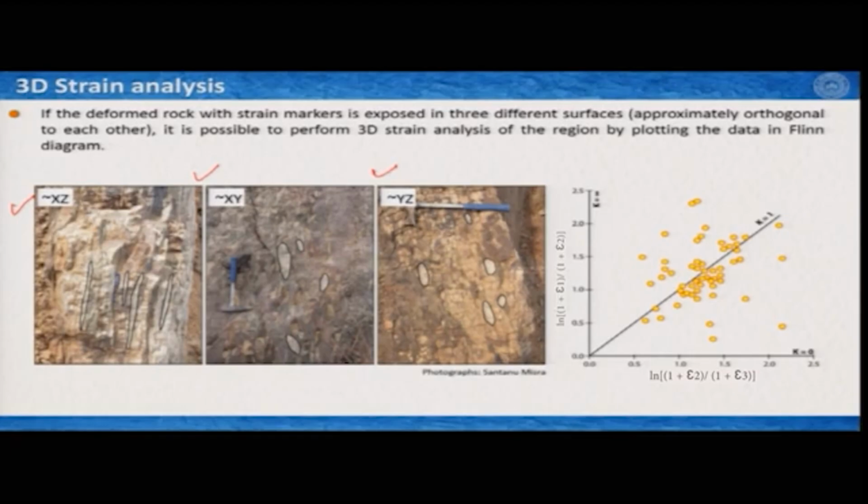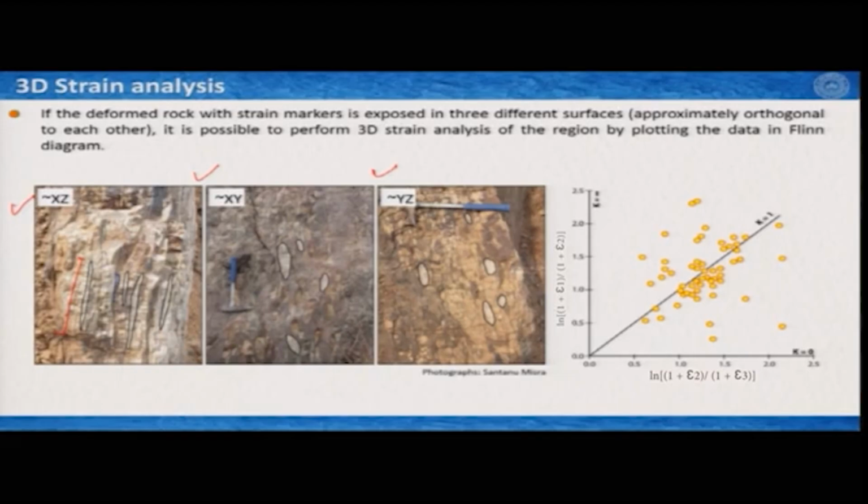As you can see here, maybe not very clear from these images, I highlighted some of these stretched or deformed conglomerates on each plane. In the xz plane, these conglomerates are extremely stretched. On the xy and yz planes, they appear, at least in terms of their ellipticity, more or less similar.